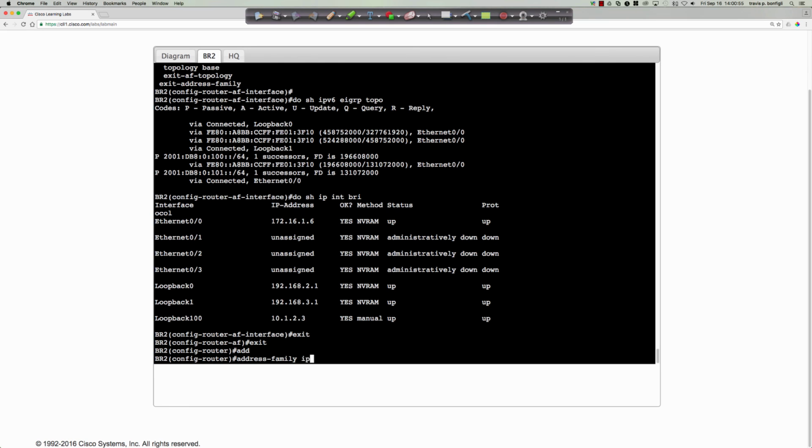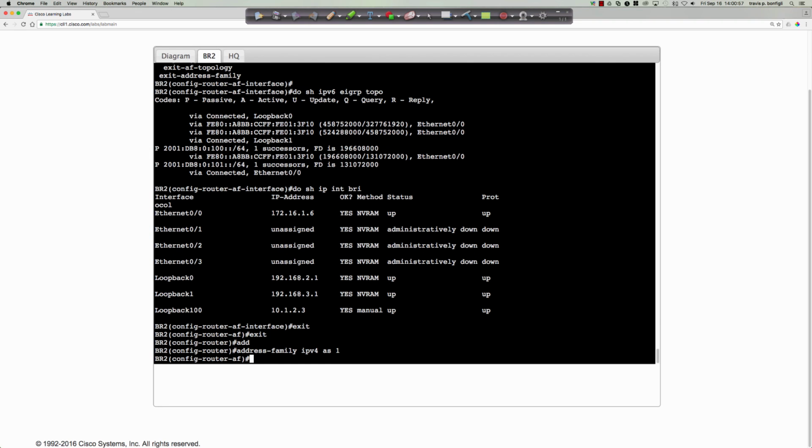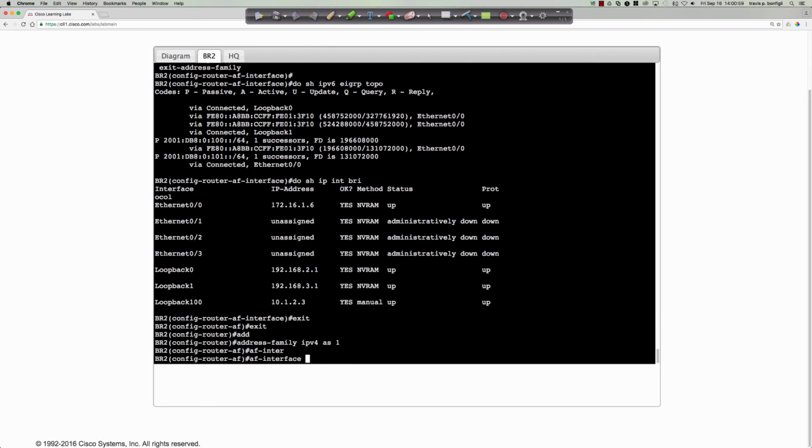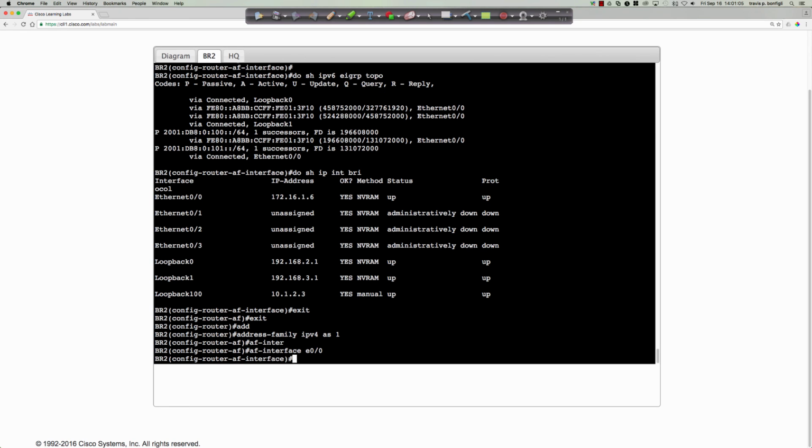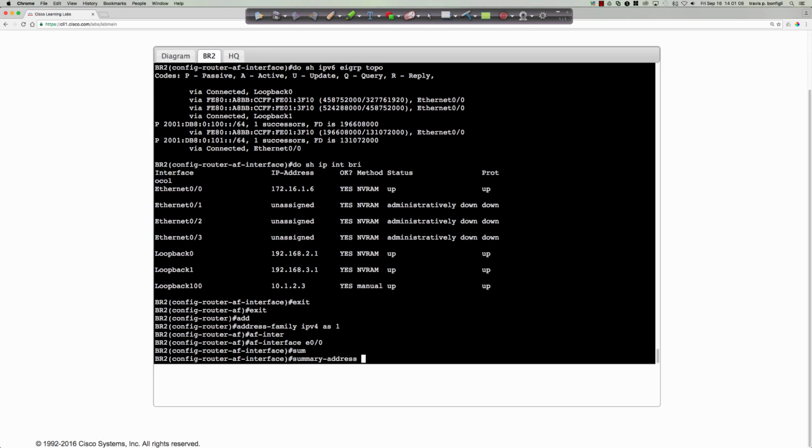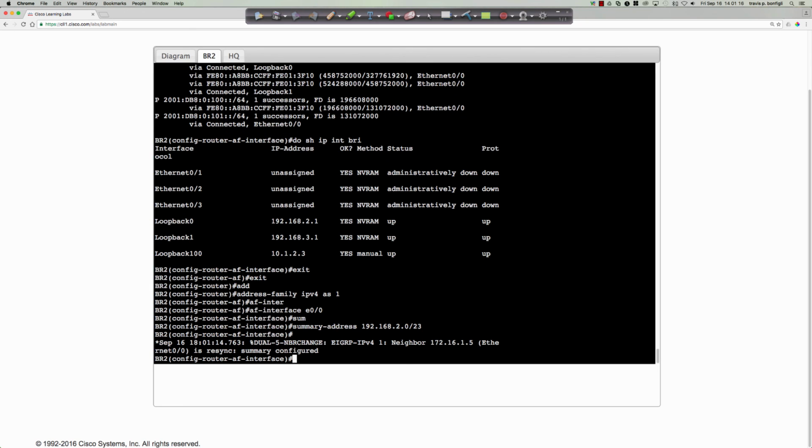So address family, IPv4, unicast AS1, AF interface, and we are doing this out of Ethernet 0/0. So again, all I have to say here is summary address 192.168.2.0/23. And that is my summary.